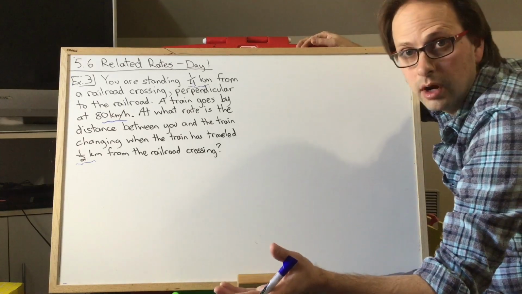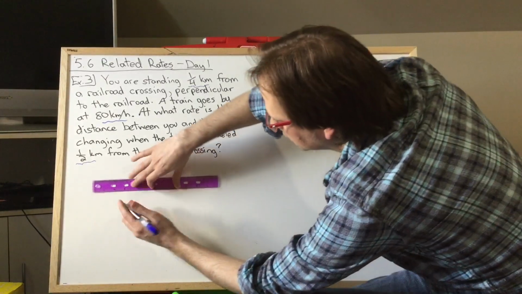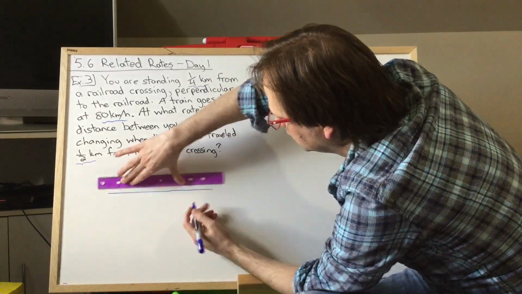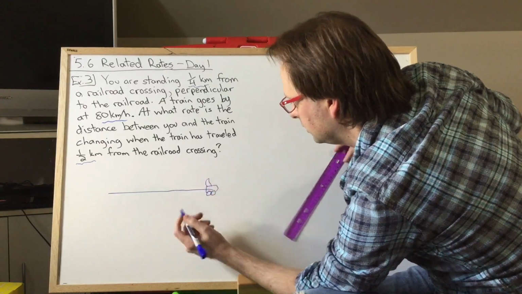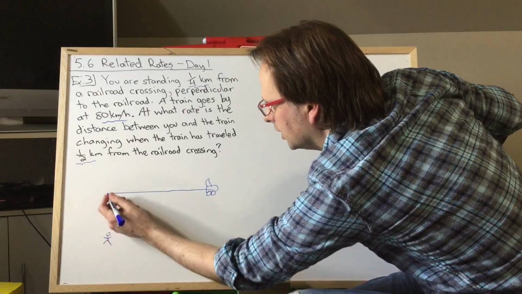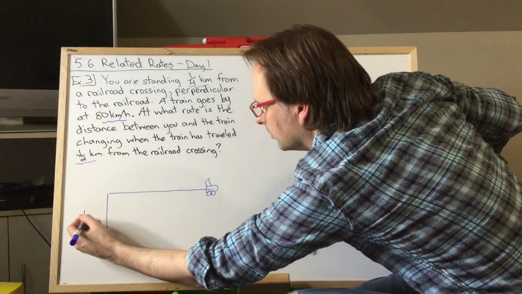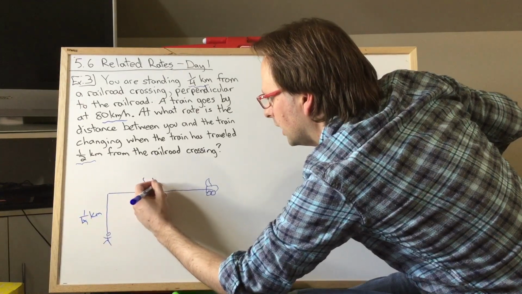Let's make a drawing and see which one it's going to be. So here comes the railroad track. Somewhere down here is the train, and we're standing right over here, and there's a quarter kilometer and a half kilometer.